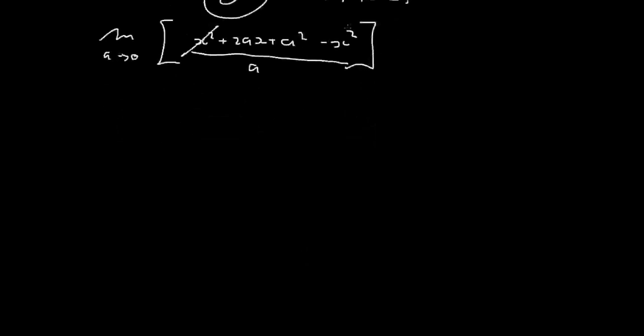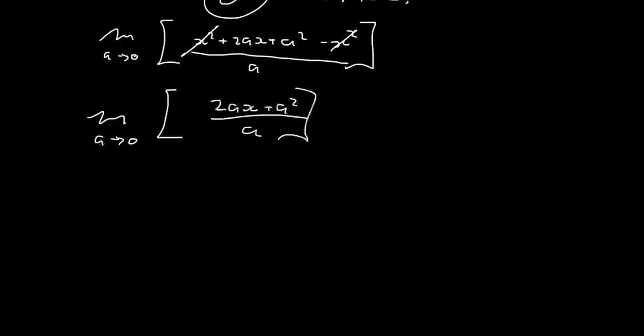x squared minus x squared cancels, and we've got the limit as a tends to 0 of 2ax plus a squared over a. See, now if we substituted a directly, you see we'd end up with 0 over 0. But what if we take out a common factor of a, which is there?